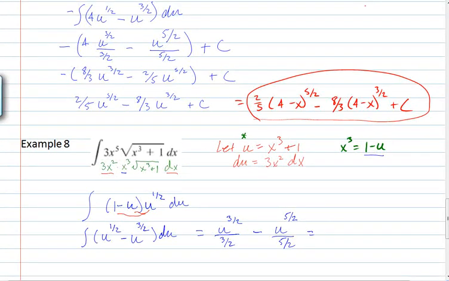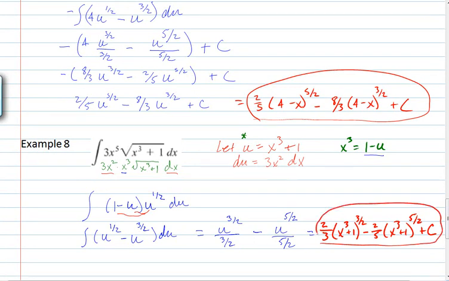I'm going to take care of that flipping of the fraction thing and replacing the u's with x's all in one fell swoop here. So this becomes 2/3 x cubed plus 1 raised to the 3/2 power minus 2/5 x cubed plus 1 raised to the 5/2 power plus c. Okay, so there's our final answer.